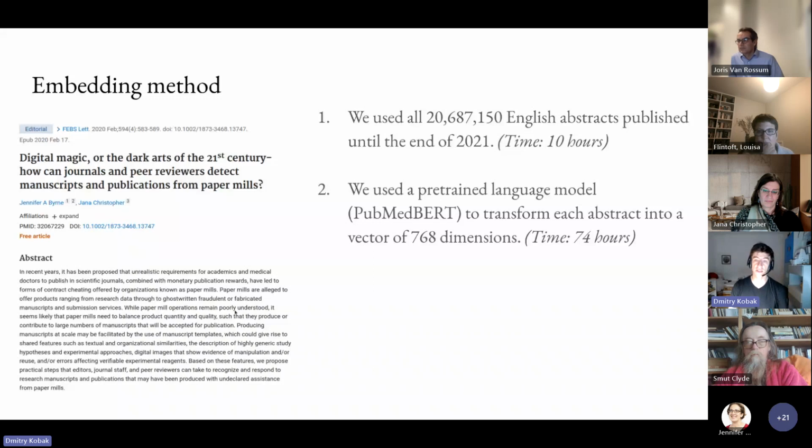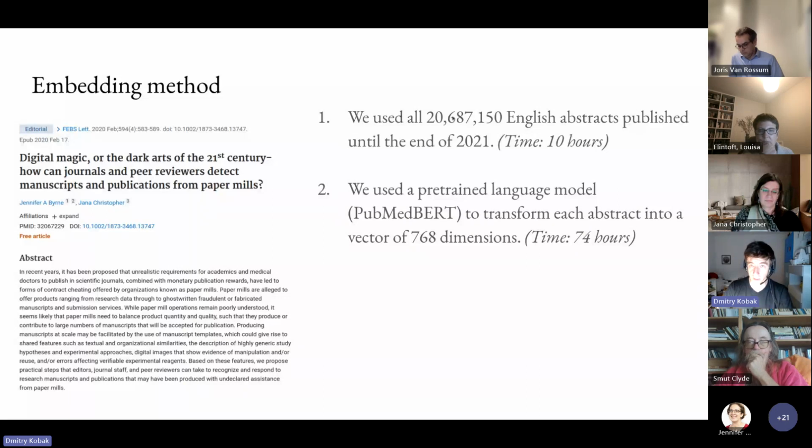If you take this model, which is a neural network, the details of how it works are beyond the scope of my talk today, and you feed this text into this network, then it does some processing and outputs a vector of 768 dimensions. So for this text, you get out 768 floating point numbers.